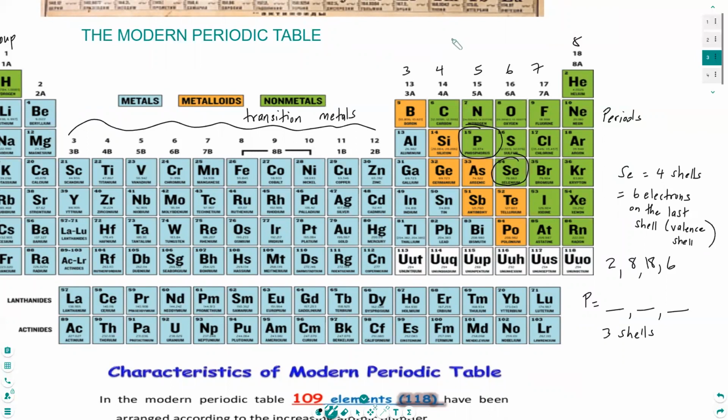Next, we see it is in group 5, so the last shell must have 5 electrons. So if we fill it in now, the first shell has 2, the second has a maximum of 8, and the last has 5. So we now know that the electronic configuration of phosphorus is 2, 8, 5, just by looking at where it is located in the periodic table.